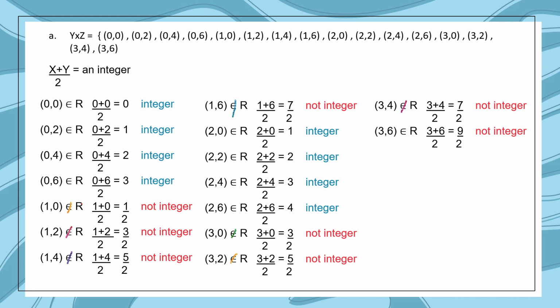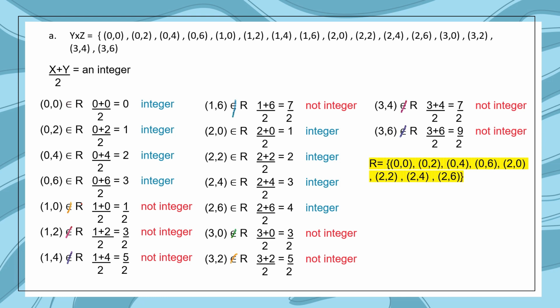Next, (3,2) is not an element of R because 3 plus 2 over 2 is equal to 5 over 2 and 5 over 2 is not an integer. (3,4) is not an element of R because 3 plus 4 over 2 is equal to 7 over 2 and 7 over 2 is not an integer. (3,6) is not an element of R because 3 plus 6 over 2 is equal to 9 over 2, and 9 over 2 is not an integer.